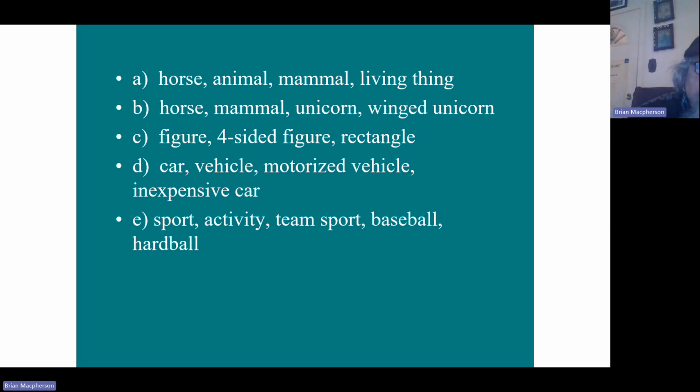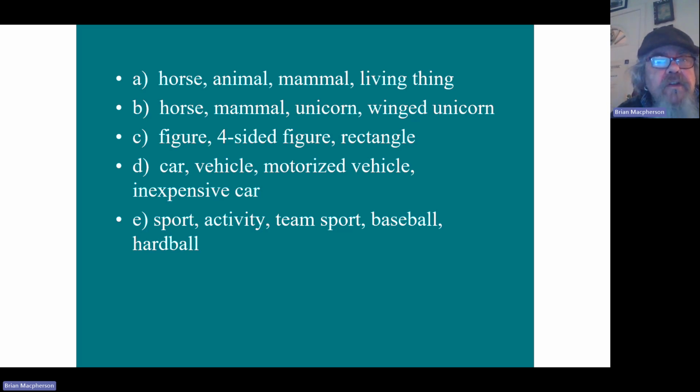So it has a much bigger intension but a smaller extension. Mammal denotes many fewer things than animal, and animal denotes many fewer things than living thing. The term with the highest intension and the lowest extension is horse. A horse is a particular kind of mammal with certain taxonomical features.